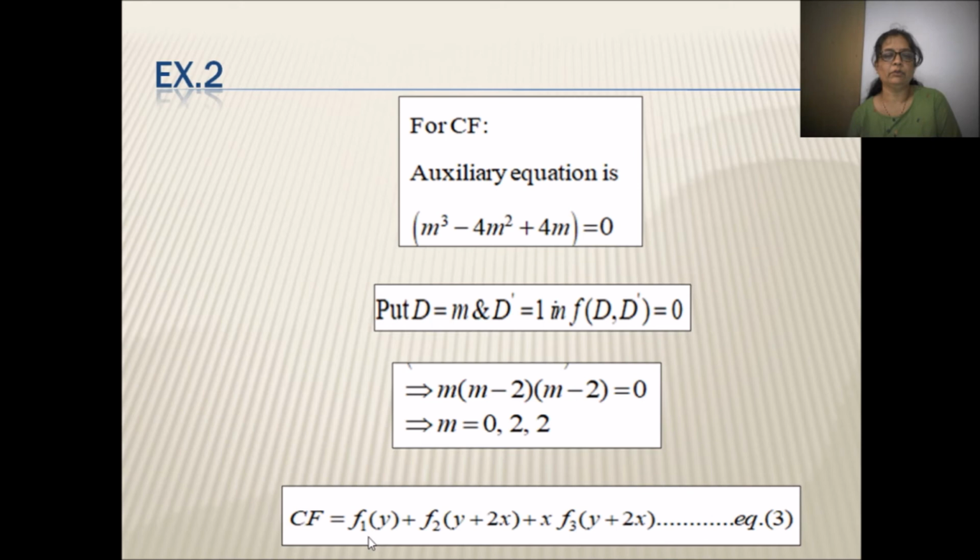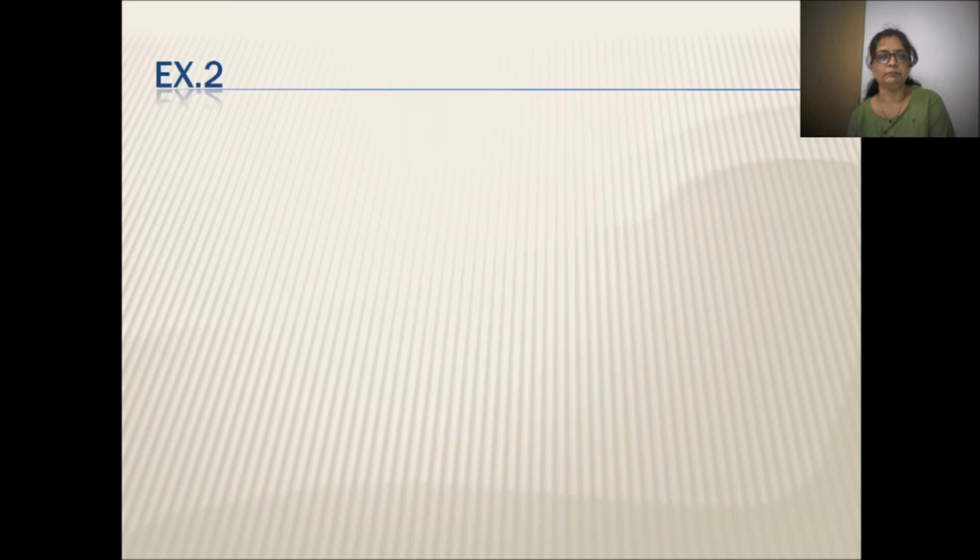Here CF equals f1 of y plus mx, the m value is 0, therefore only y, plus f2. Now for the repeated value, case 2, f2 of y plus mx, m is 2, so 2x, plus x for the repeated value, then f3 of y plus again the value of m is 2, therefore 2x. In this way we write down CF by equation 3.